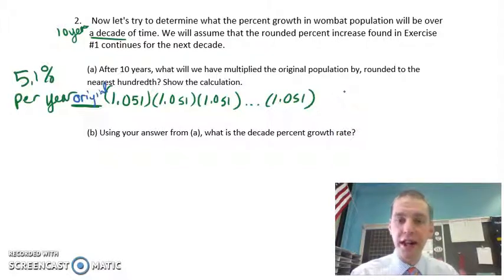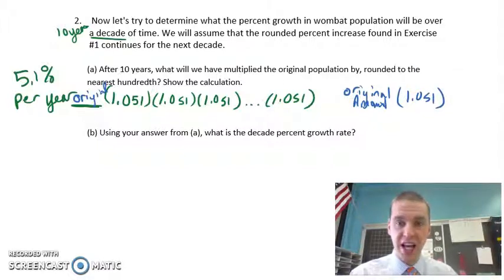Another way to write that would be the original amount multiplied by 1.051 raised to the 10th, because we multiplied by 1.051 10 times due to the 10 years.